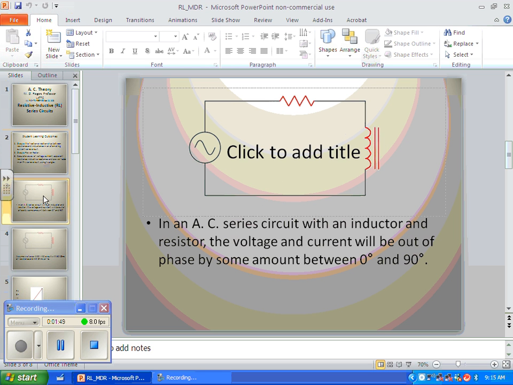So we're going to look at the simplest AC RL circuit in the world. We've got a resistor and we've got an inductor. An inductor is a winding, a coil. And remember, we've talked about the definitions that inductive reactance is the resistive part of the total impedance.